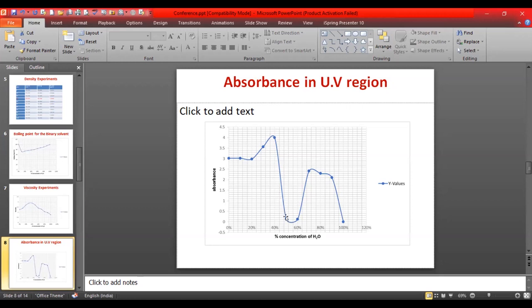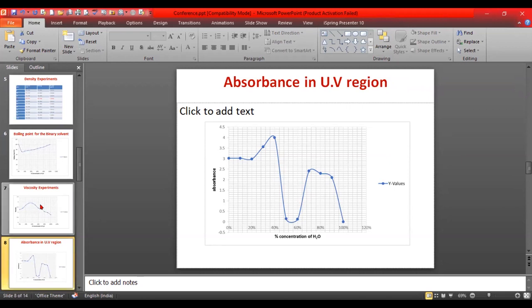Again, it shows that there are some changes in the solvent at this composition. An increase in absorbance means there is some change in molar absorptivity, and if the molar absorptivity is changing, that means there is some change at the molecular level. So that's why this also gives some support for cluster formation. So UV absorbance gives a strong support, viscosity gives a strong support.